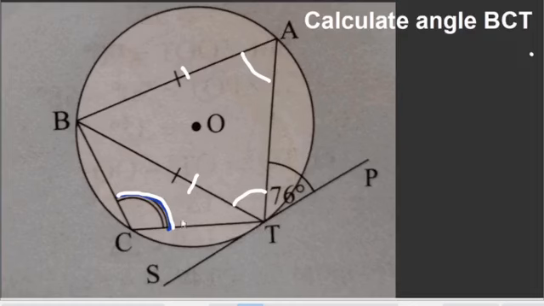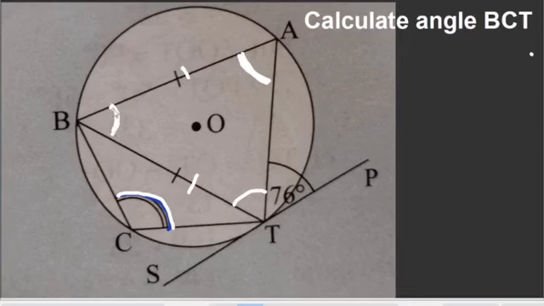In order to find the angle on C, we need to find the angle on A. We are going to say opposite angles in a cyclic quadrilateral add up to 180. To find the angle on A, we need to find the angle on B. How do we find angle B?